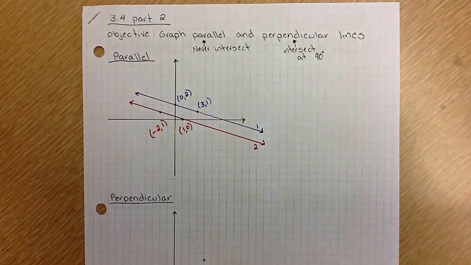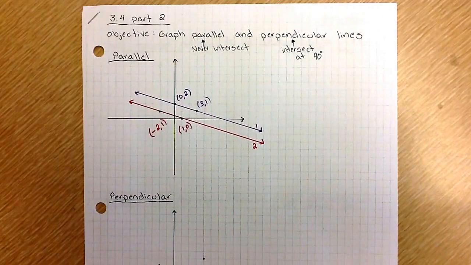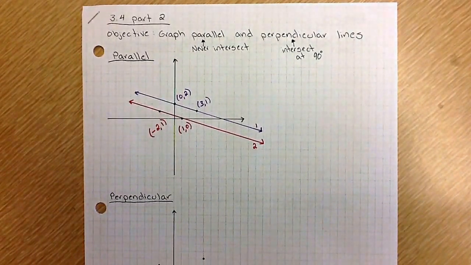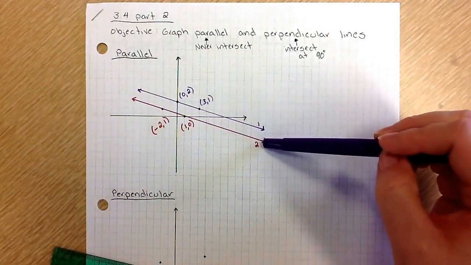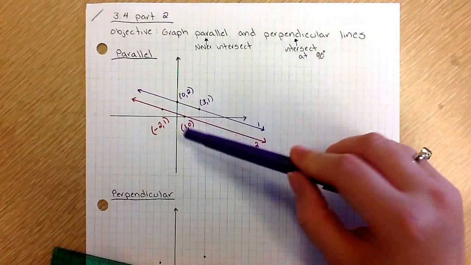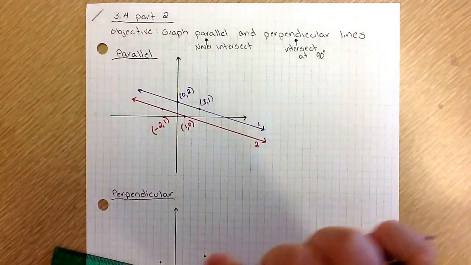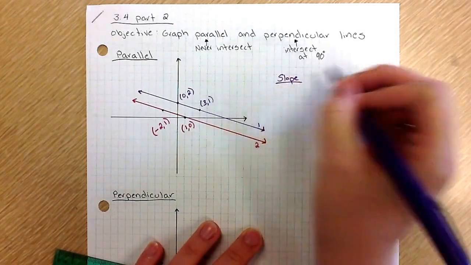Okay, let's go ahead and compare these lines. What I mean by compare is let's compare, for one, their slopes. That's a numerical value we have here. And if we look, the steepness of these 2 lines appears the same. Let's see if that's true. So let's find the slope of line 1.